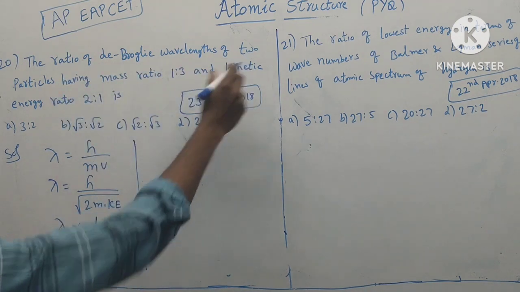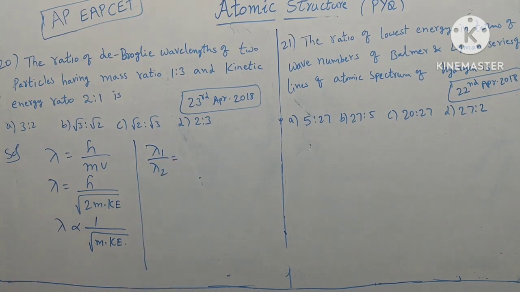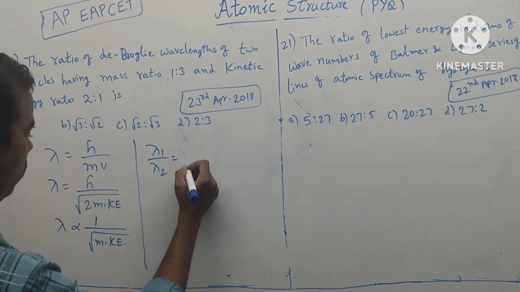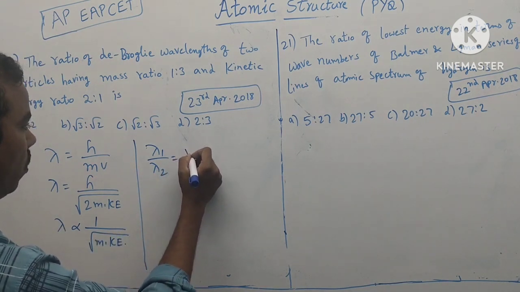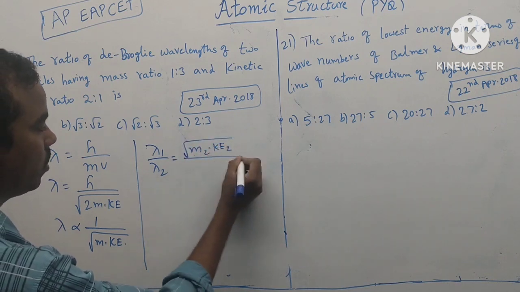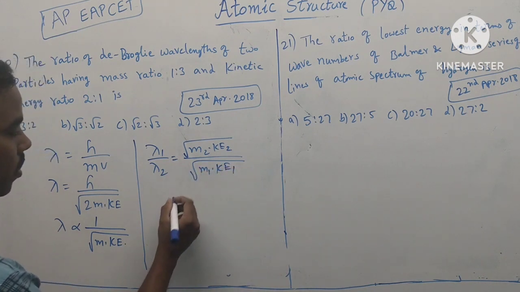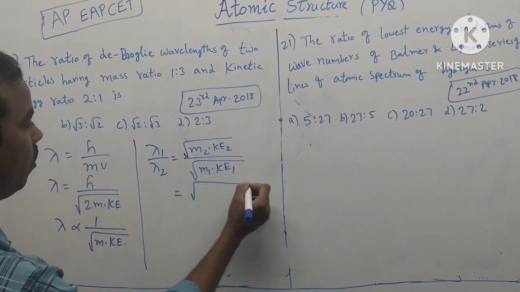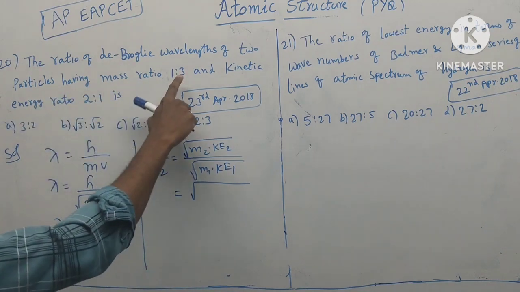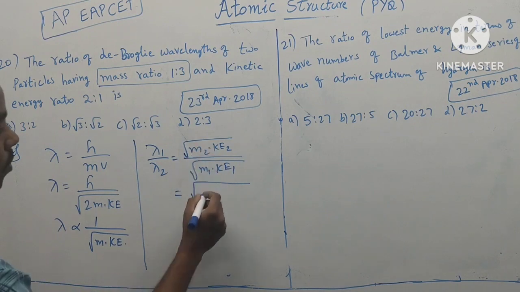The ratio of de Broglie wavelengths, lambda 1 by lambda 2, equals square root of m2 into KE2 by square root of m1 into KE1. What is the ratio? Masses ratio 1:3, so m2 is 3.